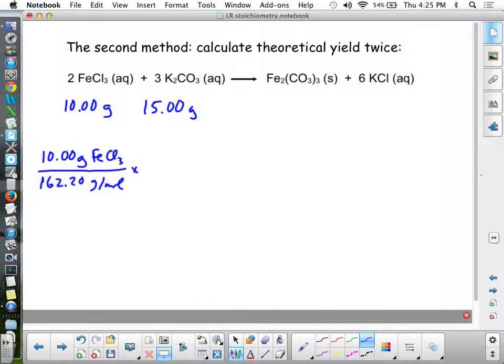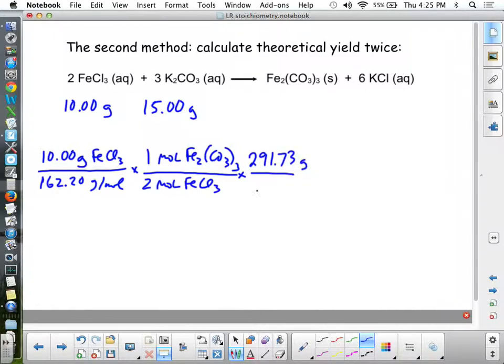Multiply that by the mole ratio, 1 mole of iron(III) carbonate expected for every 2 moles of iron(III) chloride, and then convert moles of iron(III) carbonate to grams of iron(III) carbonate by multiplying by the molar mass, 291.73 grams per mole, gives me a yield of 8.993 grams of iron(III) carbonate.